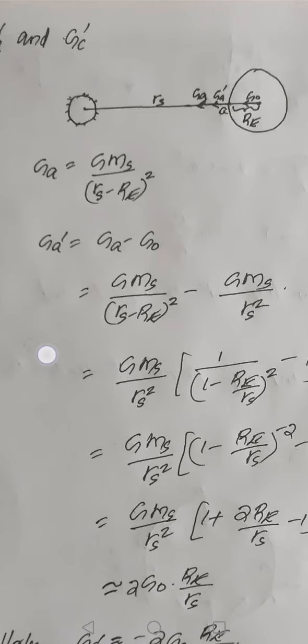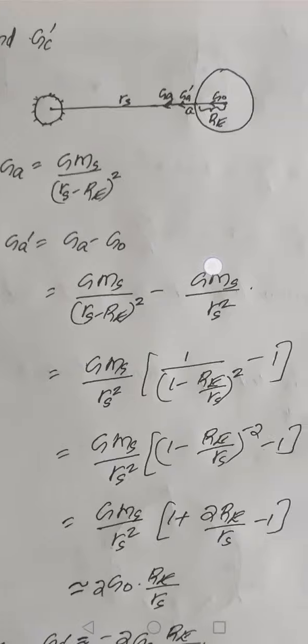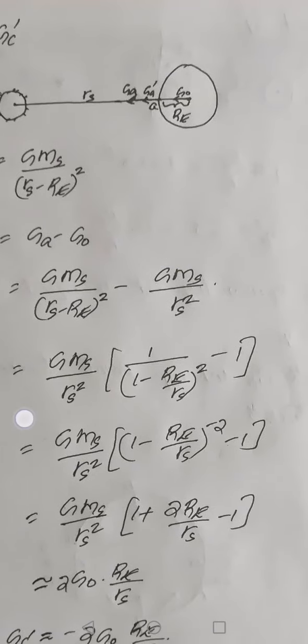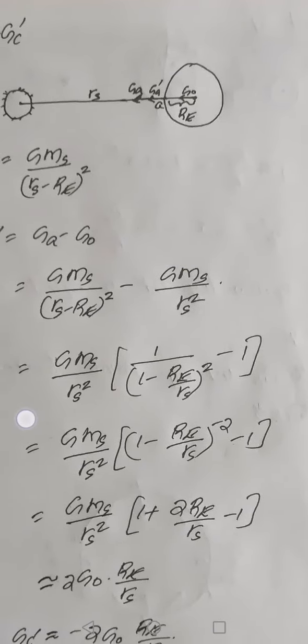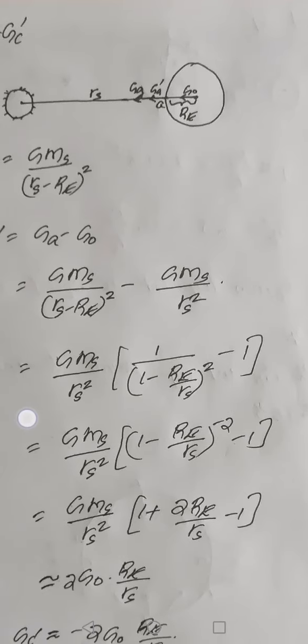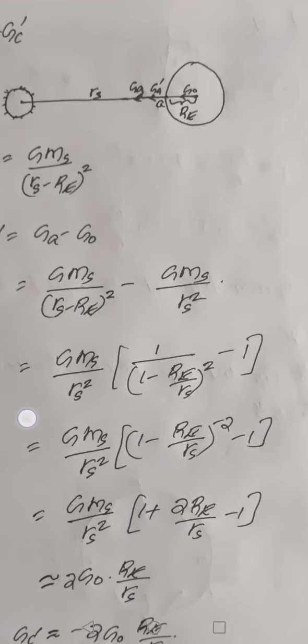G0 means G at this distance, from the center to the sun RS, G into MS, the mass of the sun, by RS square. So substituting these values, I am taking GMS by RS square common. So I am taking RS square outside from this RS minus RE all square. So that will be 1 by 1 minus RE by RS all square, minus 1.